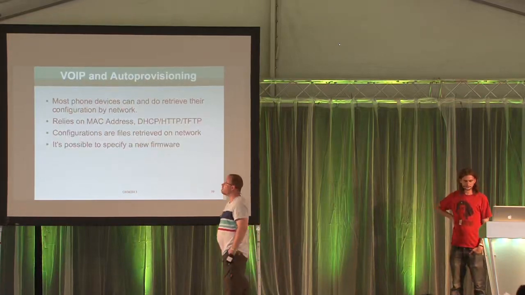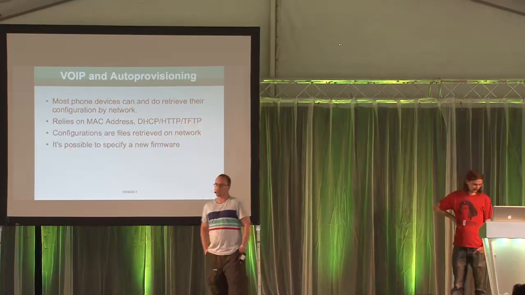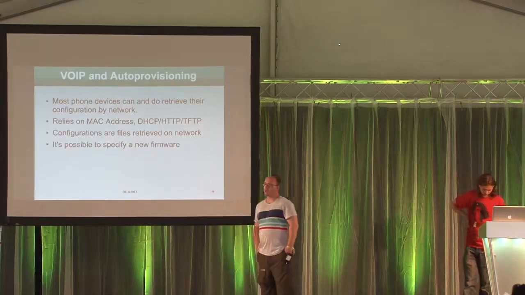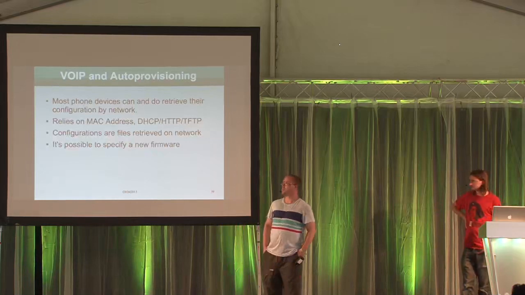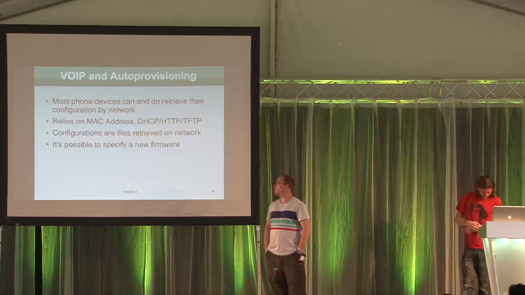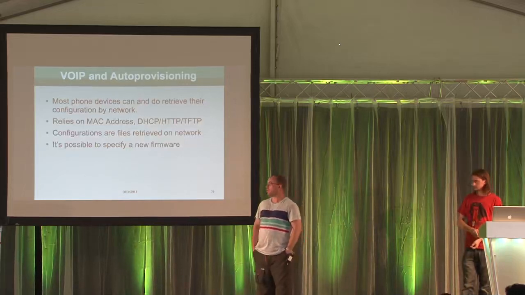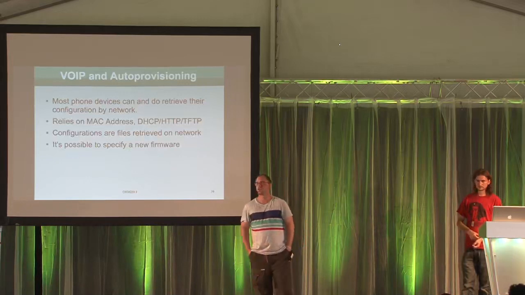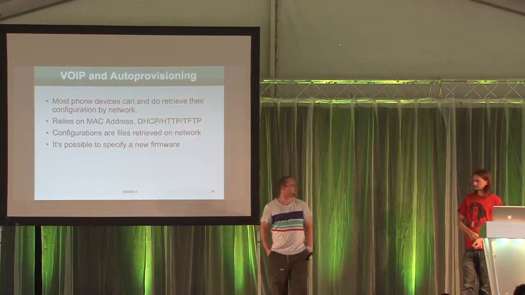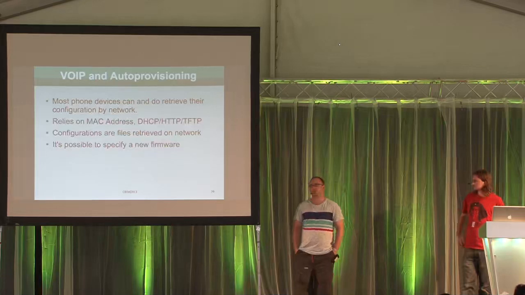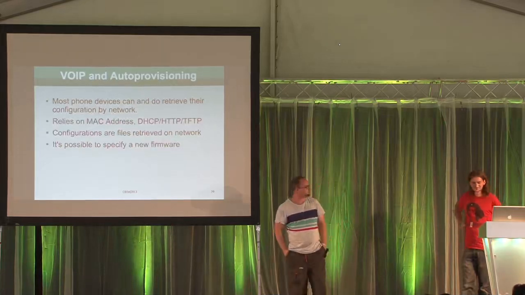And for many phones, it's also possible to push the firmware through this configuration file. So this means that if you can get on a network with VoIP phones, with some rogue DHCP server, you could push some update to those phones, by compromising the server, of course.